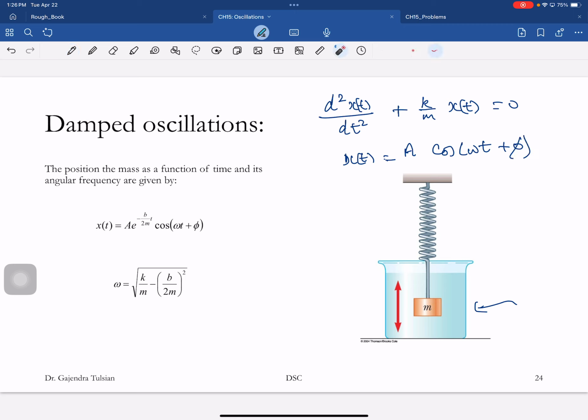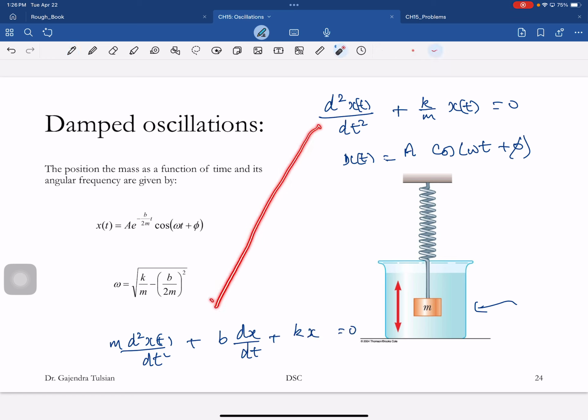With friction present, the equation became m d²x(t)/dt² plus b dx/dt plus kx equal to 0. So this equation changed to that, and in this solution, you see that part was still the same.